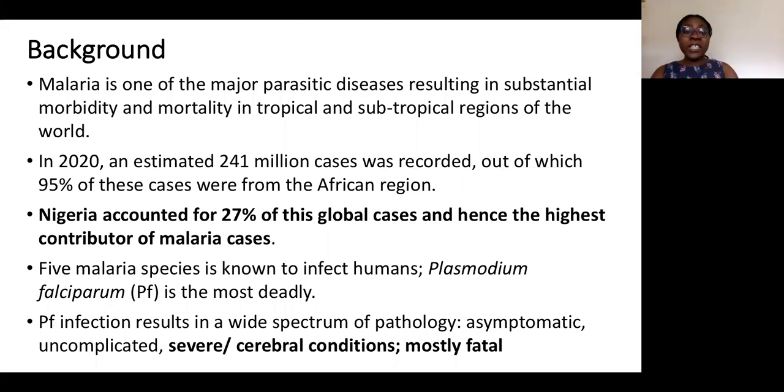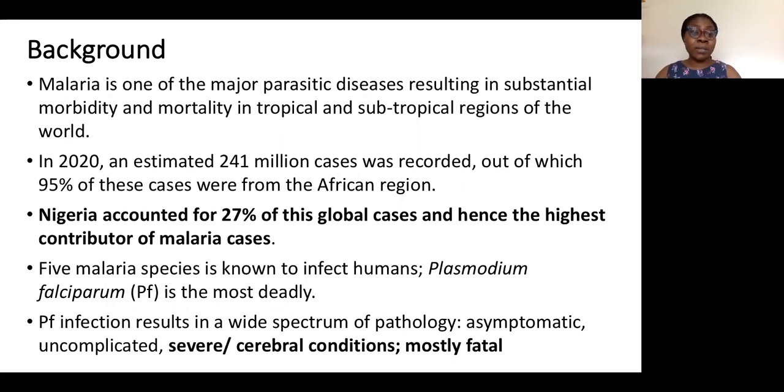Nigeria accounted for 27% of the global cases. So of these 241 million, Nigeria contributes the highest in terms of malaria burden globally. Now, the disease malaria is caused by a genus called Plasmodium.